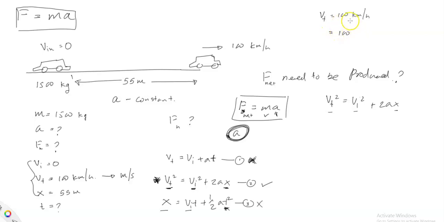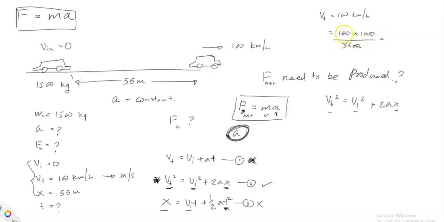100 kilometers. So to make it meters, you multiply by 1000. And per hour, to make this into seconds, the division part should be 3600.